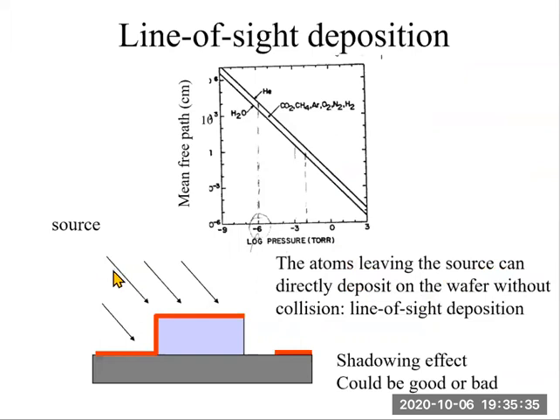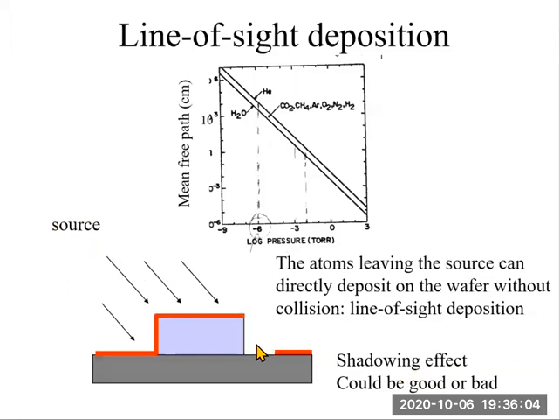And this kind of line of sight deposition will lead to a shadowing effect. Namely, there's no deposition on shadowed area. We can treat the source as a light bulb. So this will be the shadowed area.